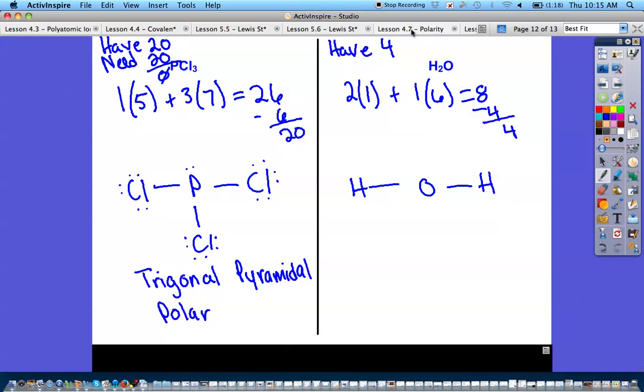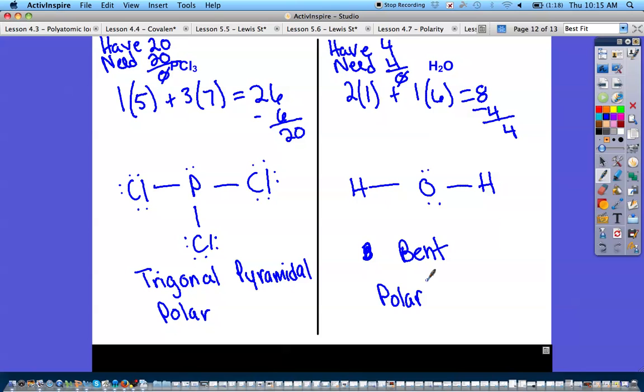Each hydrogen is taken care of, so oxygen needs 4. So we have as many as what we need. We just need to apply our dots. So we have 3 atoms and 2 lone pairs. That is going to give us a bent shape. And bent shape is going to be polar. It has those lone pairs.